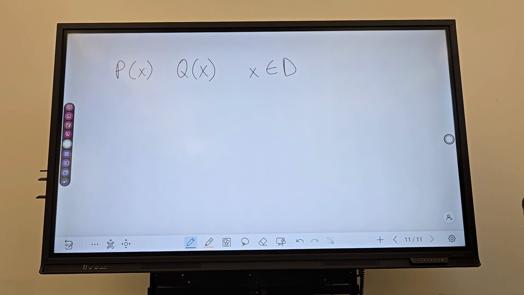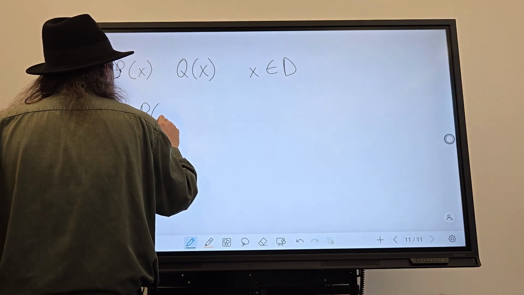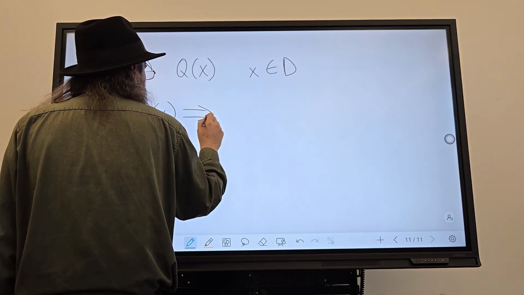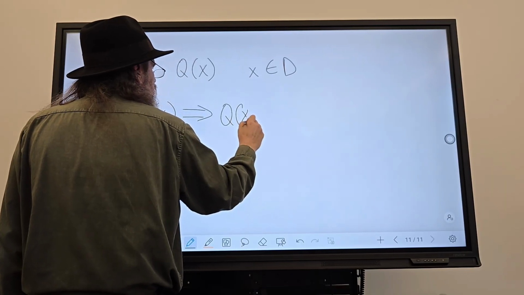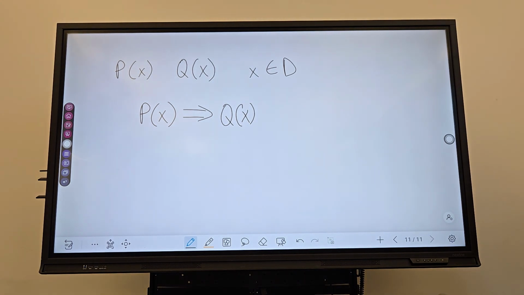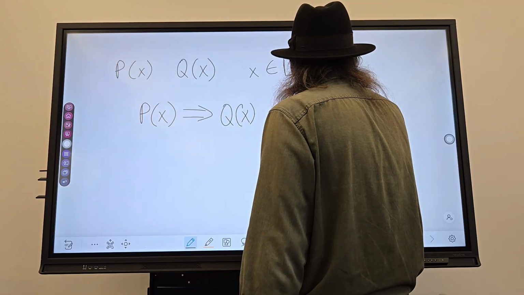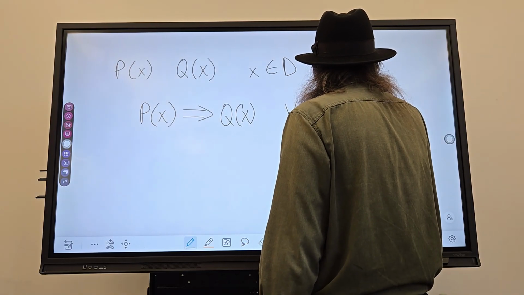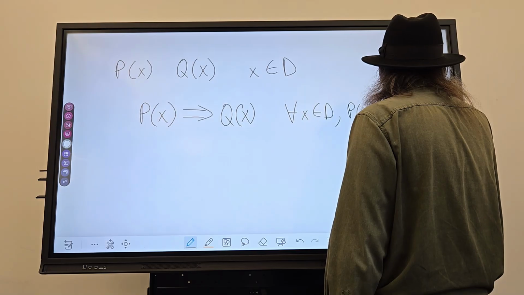The notation P of x, with a single double arrow, Q of x, indicates that every element in the truth set of P is in the truth set of Q, or equivalently, for all x element of D, P of x implies Q of x.